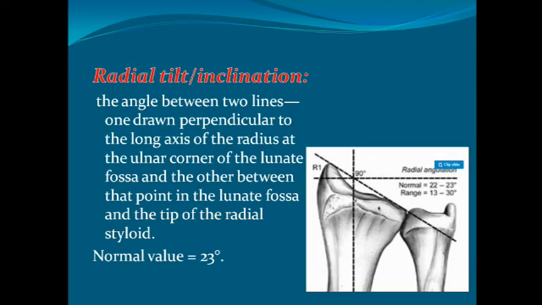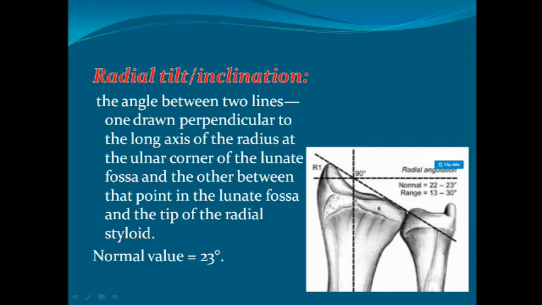Now coming to radial tilt or inclination. What is radial tilt or inclination? It is the angle between two lines. One is drawn perpendicular to the long axis of the radius. The other is drawn between the ulnar corner of the lunate fossa and the tip of the radial styloid.